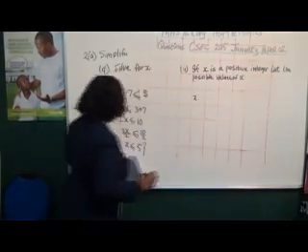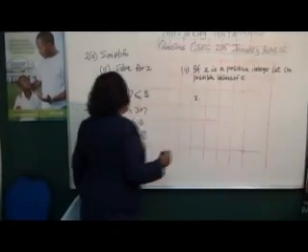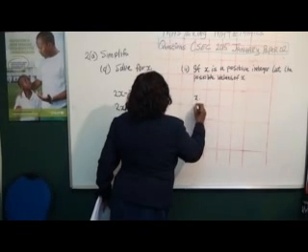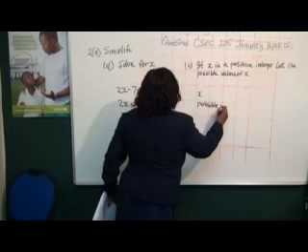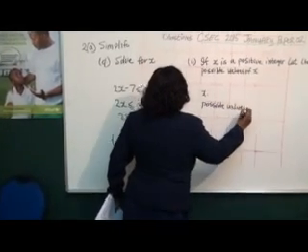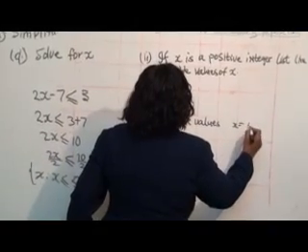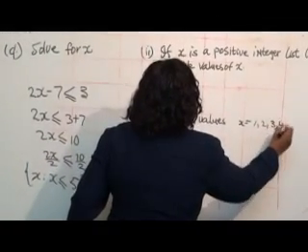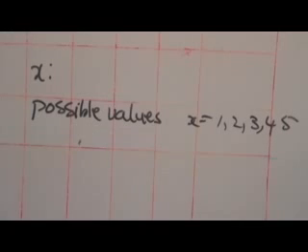Here, look at what we have: the set of x, positive, x less than or equal to 5. So of course possible values could have been x is equal to 1, and it's 2, and it's 3, and it's 4, and it is 5. All right. So this is what they're asking us for. If it's a positive integer, list the possible values of x.